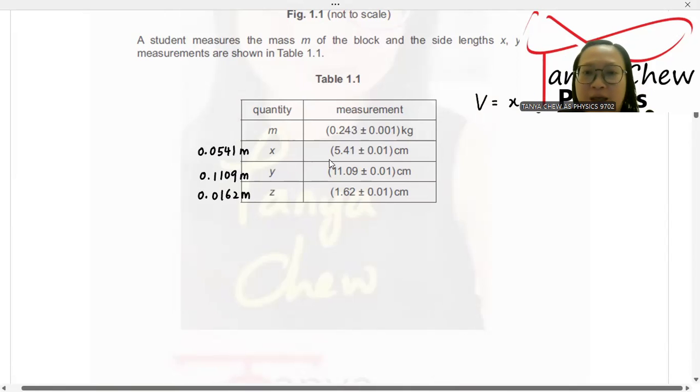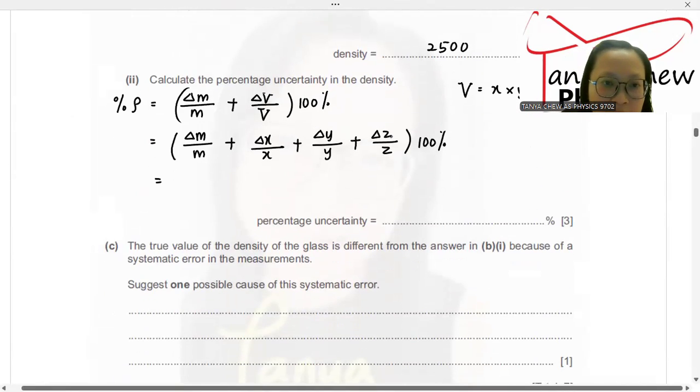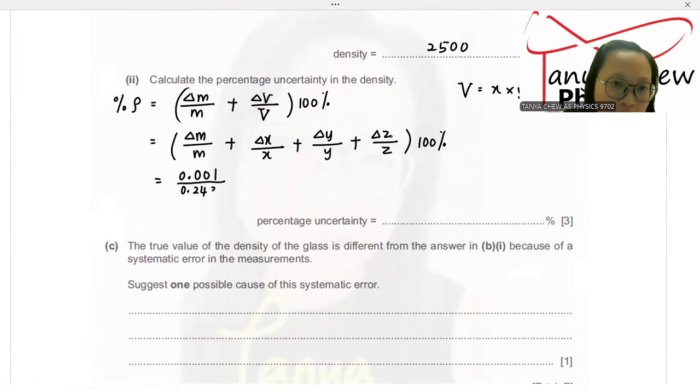Okay, so I'm going to take the absolute uncertainty of mass, 0.001, divided by 0.243, plus, remember what I told you, x is in cm, but don't bother because delta x is in cm and x is in cm and the cm cancel off.